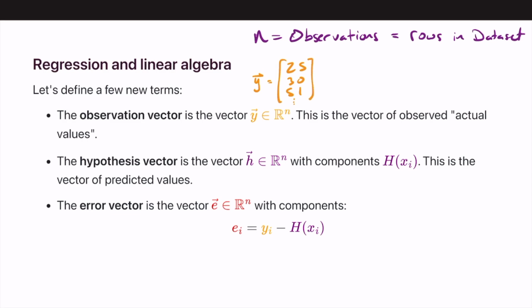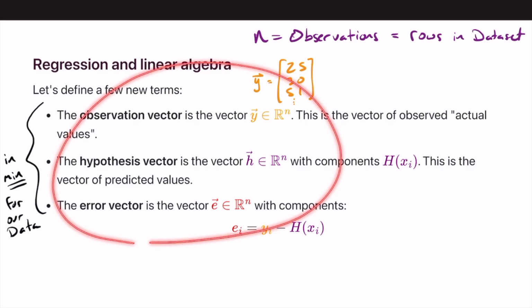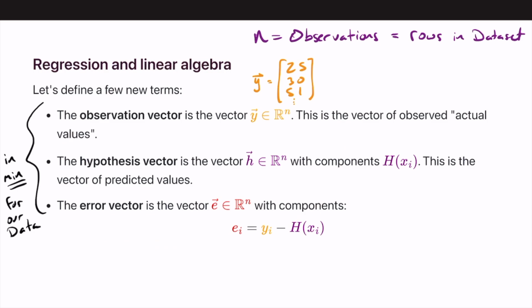And these are in minutes. So for the problem that we're working on, all of these will be in the units of minutes. So that's our observation vector. It is essentially the y in machine learning. Y is canonically the real observations that you're trying to make predictions for and compare against the real world.